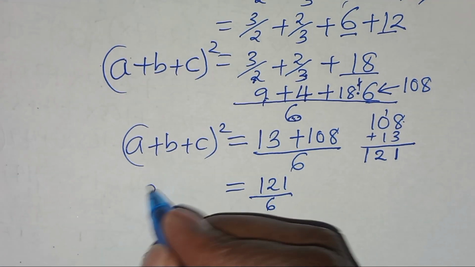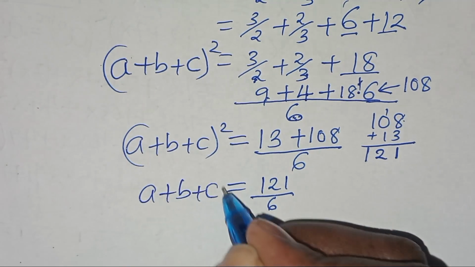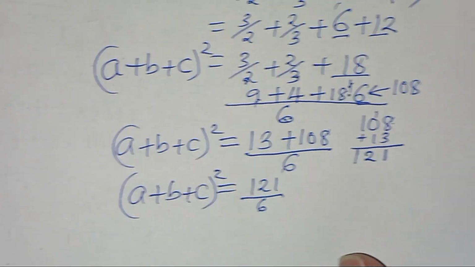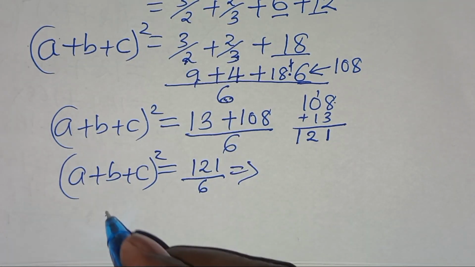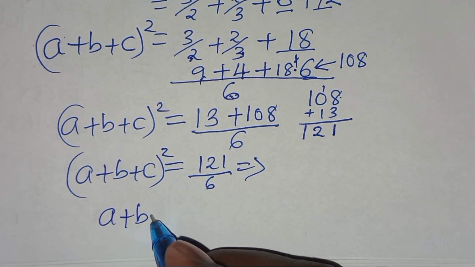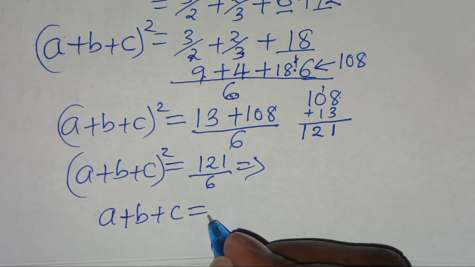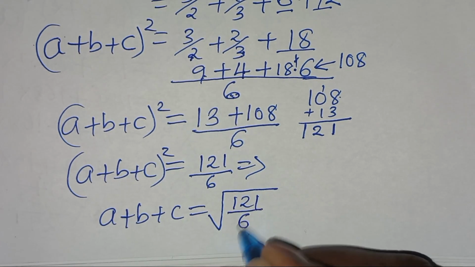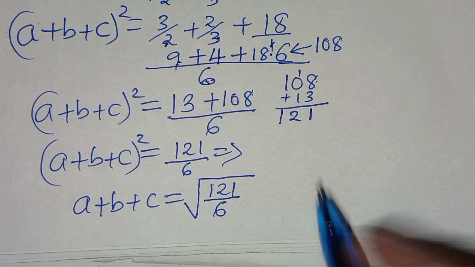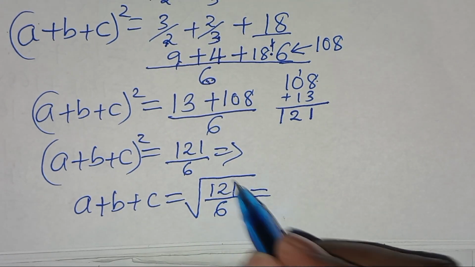So this is what a plus b plus c squared is. So this implies that to get the value of a plus b plus c, this will be equal to the square root of 121 divided by 6.